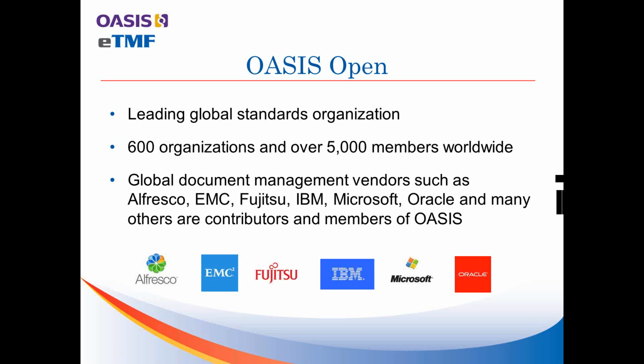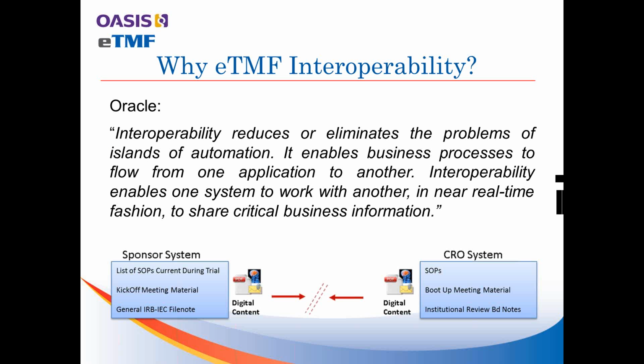Why eTMF interoperability? Oracle, I think, states it very well, so I've borrowed from them. It says interoperability reduces or eliminates the problems of islands of automation. It enables business processes to flow from one application to another, and that's really what we're after here. At current day, you have a sponsor that has a system and maintains their TMF.